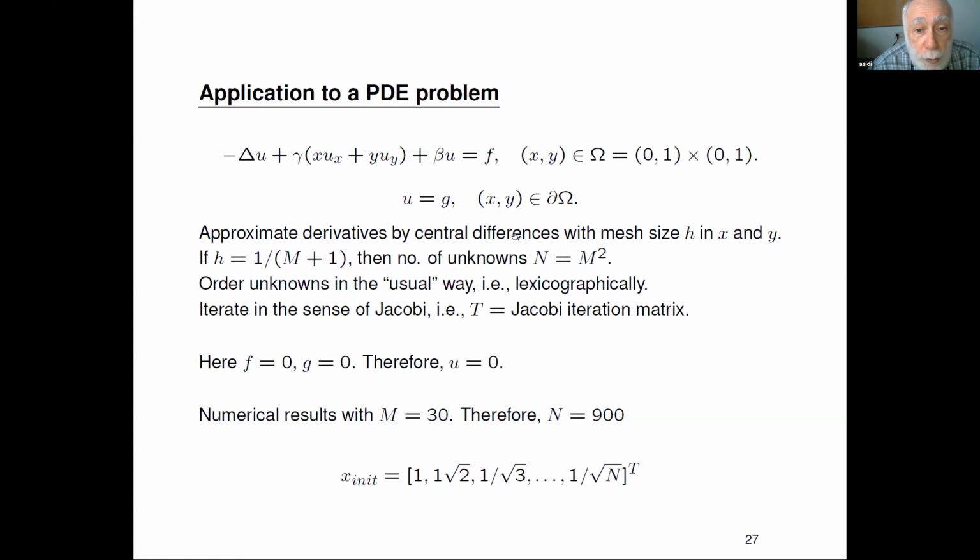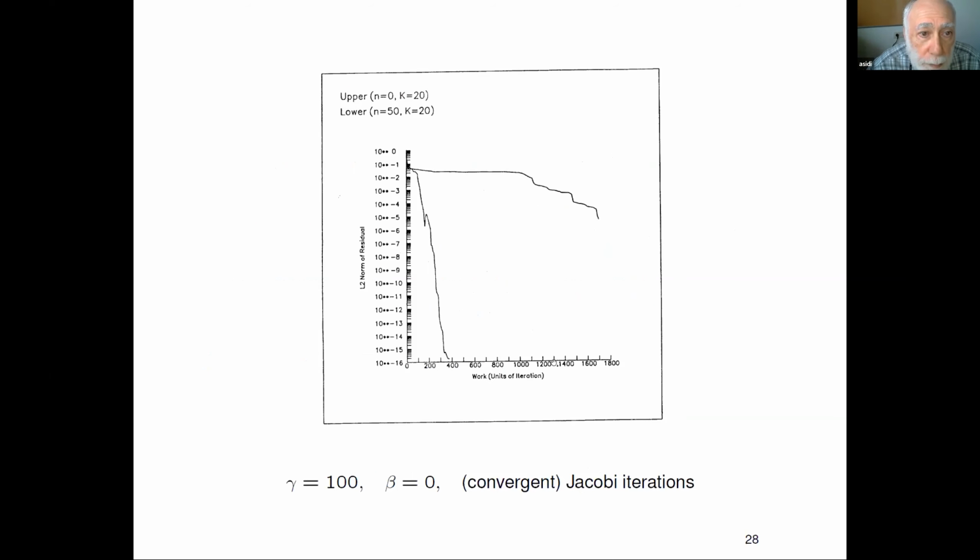We're using central differences to approximate the first and second order derivatives, and we're using Jacobi iterations on this linear system. In this example, m equals 30, therefore the number of unknowns is 900. We take as initial vector this vector here. Now, let me show you what happens.